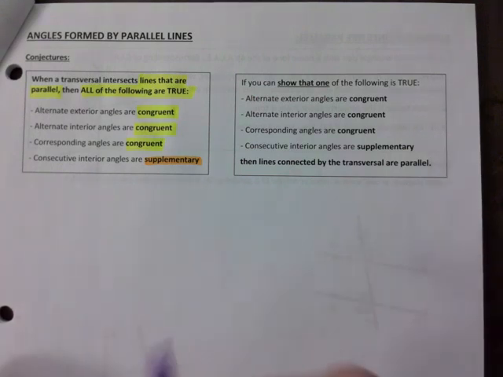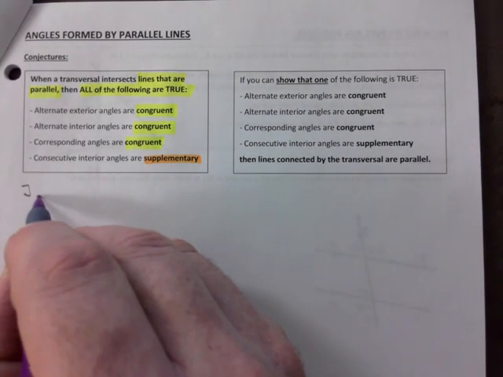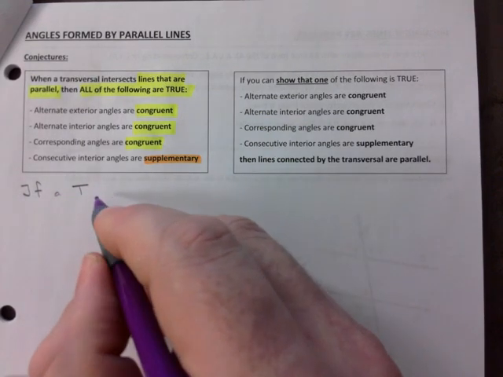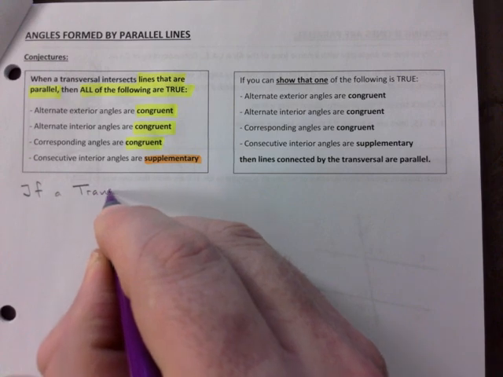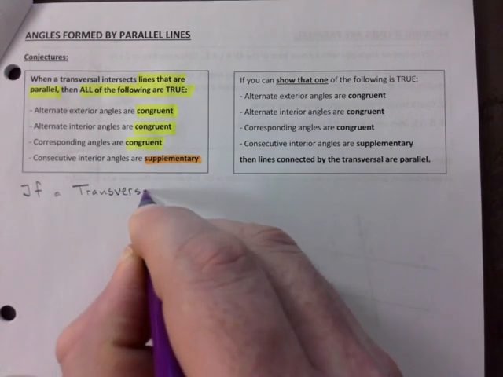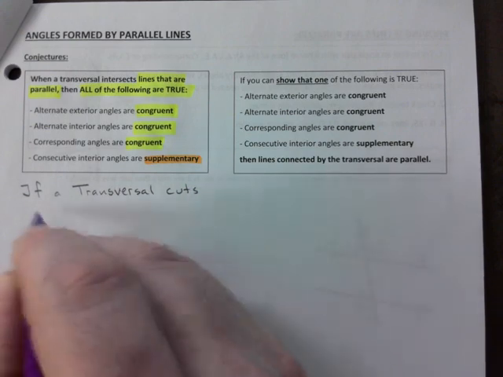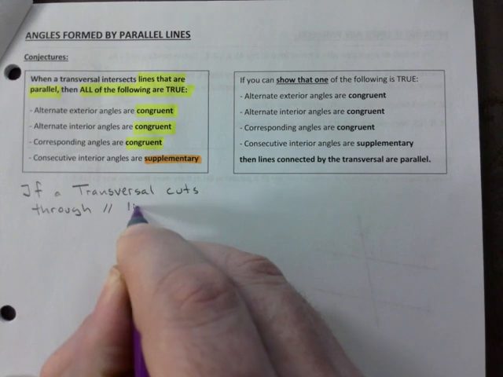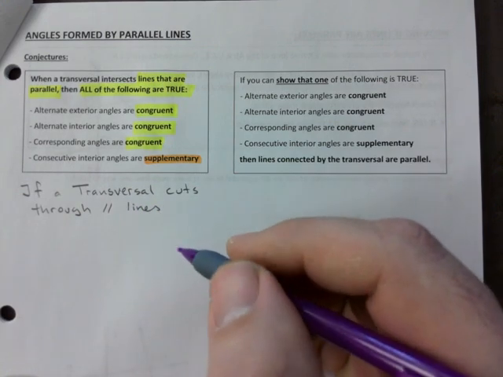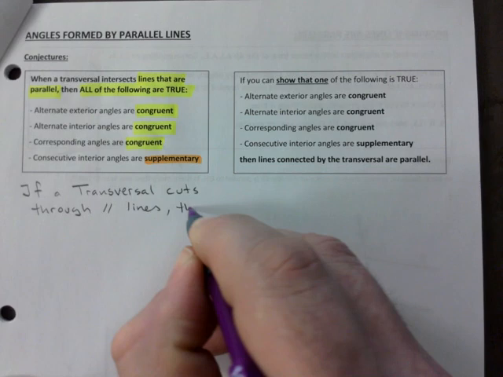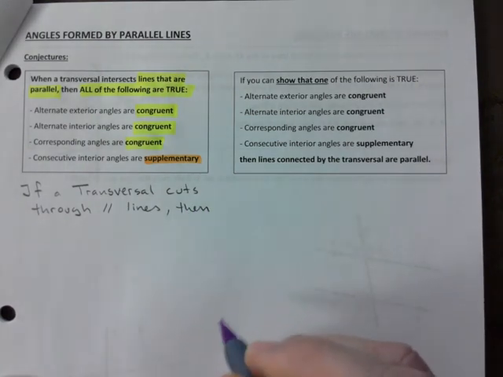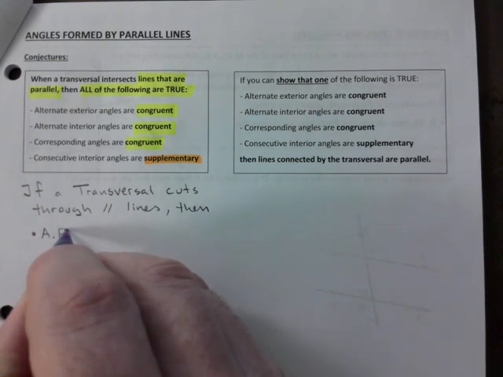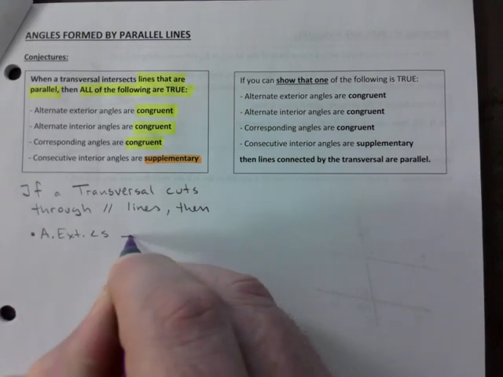And here's my short version of this. If a T, I'll go transversal, cuts through parallel lines, comma, then alternate exterior angles are congruent.